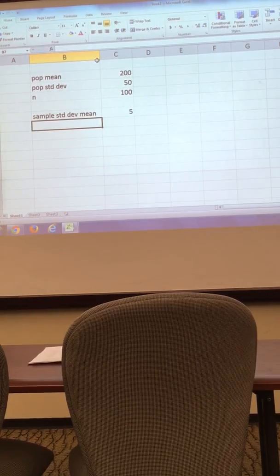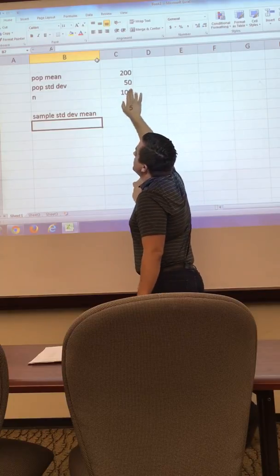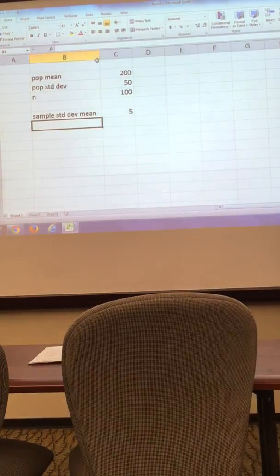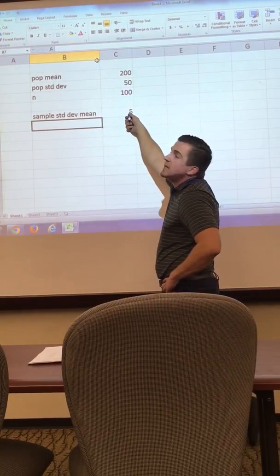So for this example, we're saying that our sample standard deviation for the mean, if we're talking about this population, is 5. Now our question says, what is the probability the sample will be within plus or minus 5 of the population mean? So plus or minus 5 is what our actual standard deviation of the mean is.